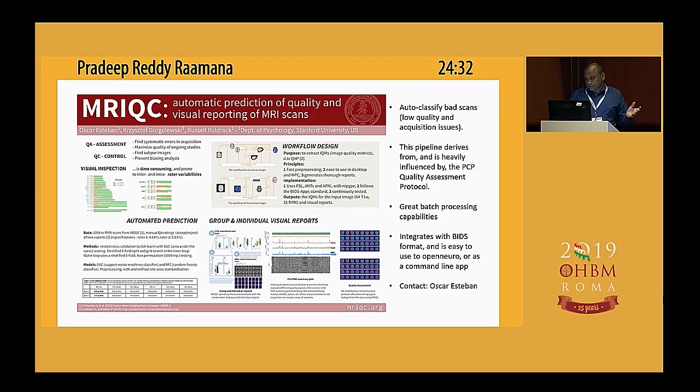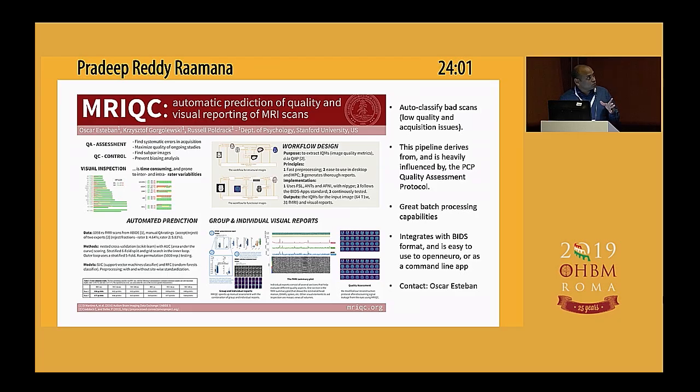It extends the quality assessment protocol published by Cameron Craddock and colleagues back in the day. And it's actually very well implemented, integrates super nicely with BIDS format, where Poldrack lab is leading this, and is very easy to use on OpenNeuro, especially if you have functional and T1 data sets in BIDS format, or as a command line app.